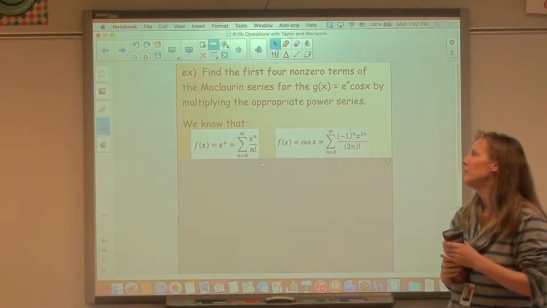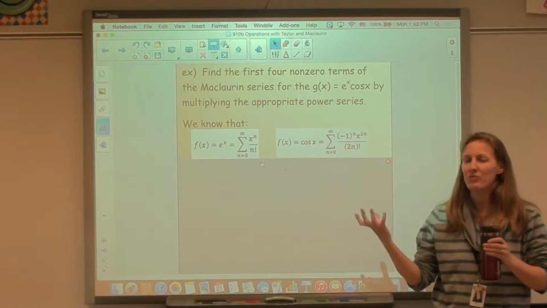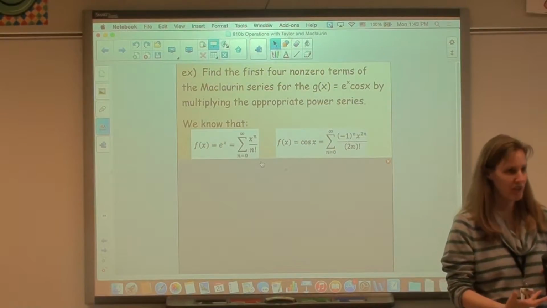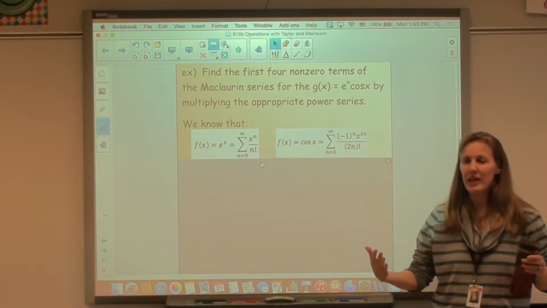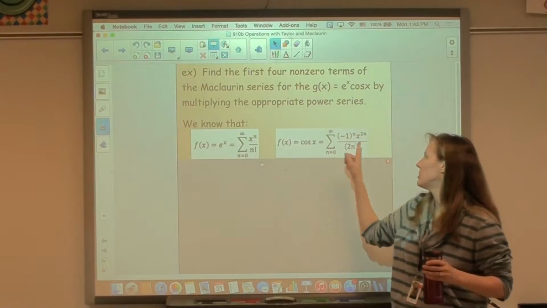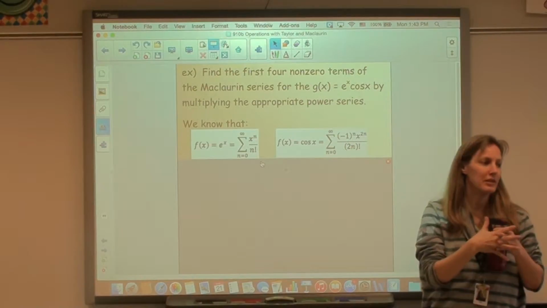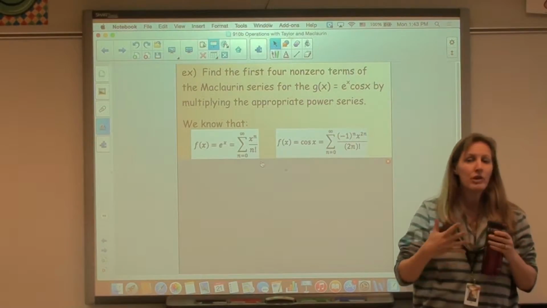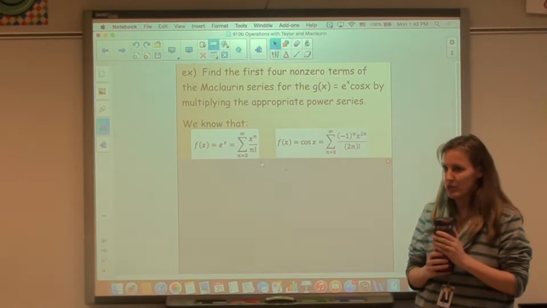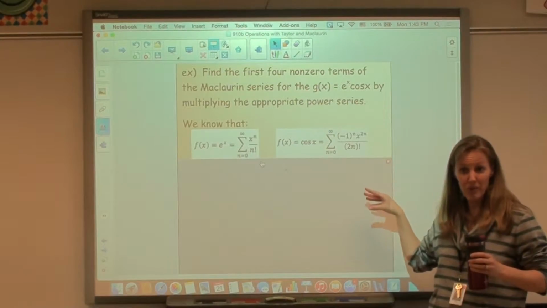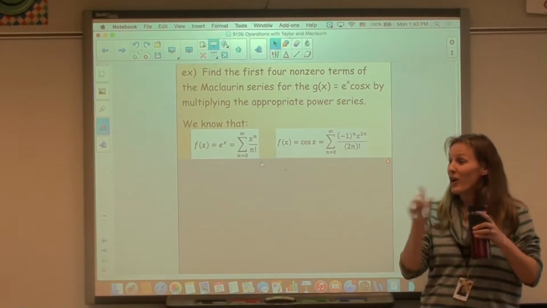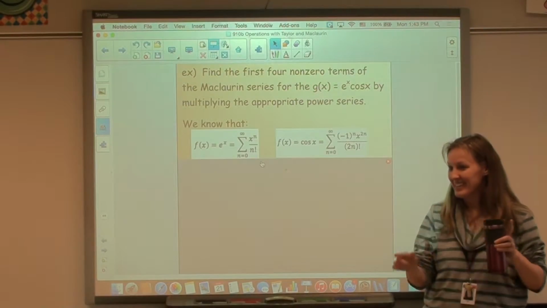But if you have to multiply a function of x times another function of x, that's where things get a little sticky. And you can't just take the two series and multiply them together, it doesn't work. So instead, what you have to do is write them both out in polynomial form and distribute all the terms, right?